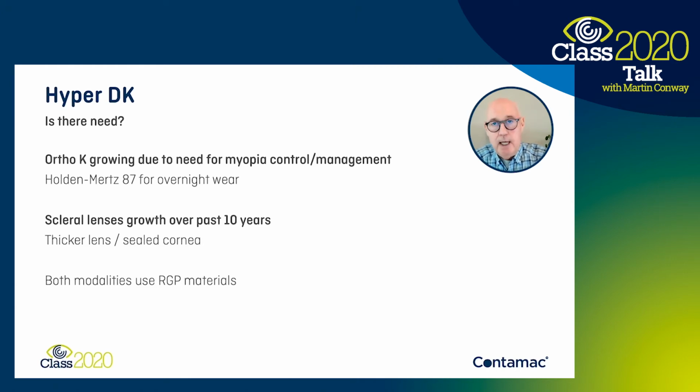It's a sealed cornea. There's a sealed tear reservoir underneath the lens, which isn't being replenished by fresh tears during the day's wear. Both of these new modalities use RGP materials, which would lead us to believe that there is a need for a higher Dk material on the marketplace.